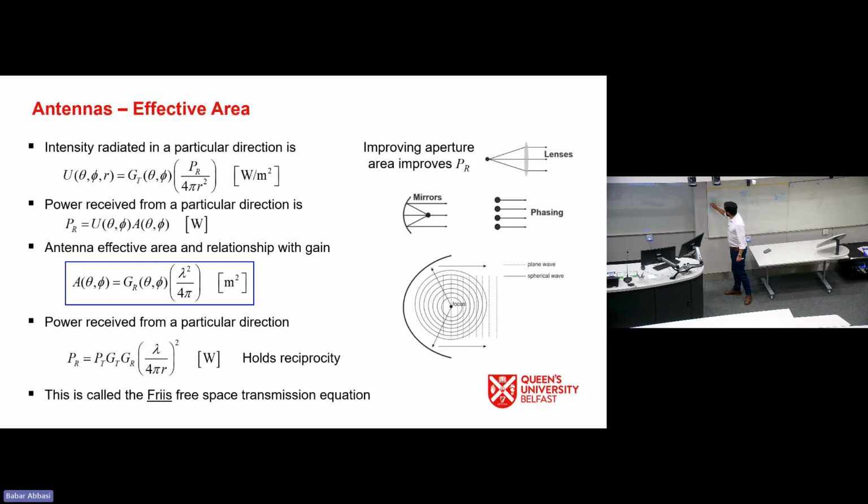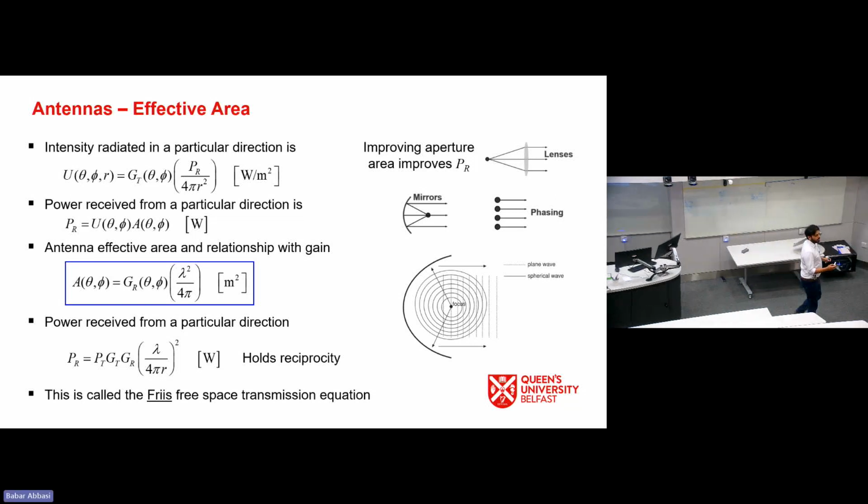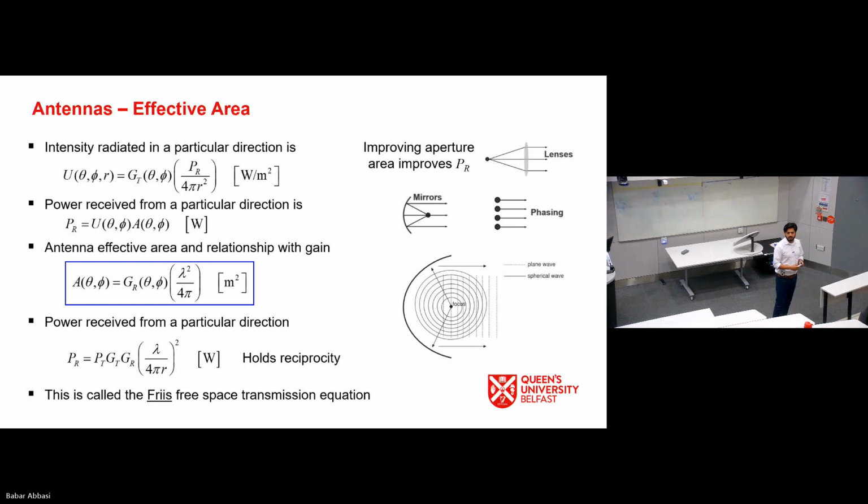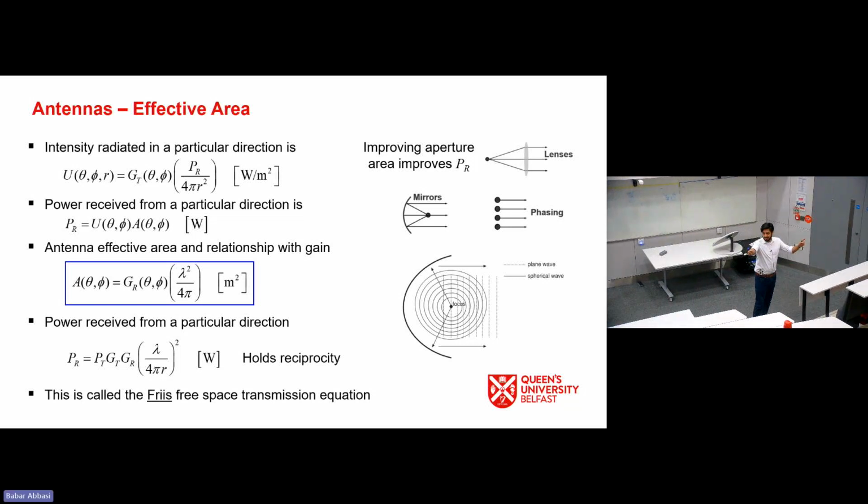We also have control on the maximum transmit power, PT. What is power equal to in electronic systems? P is equal to voltage multiplied by current. You know this.